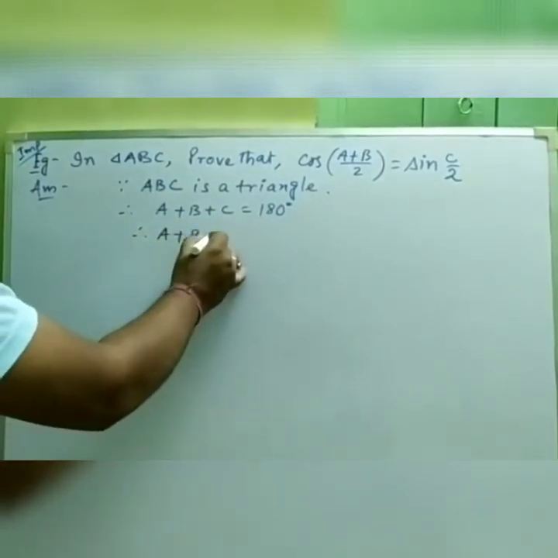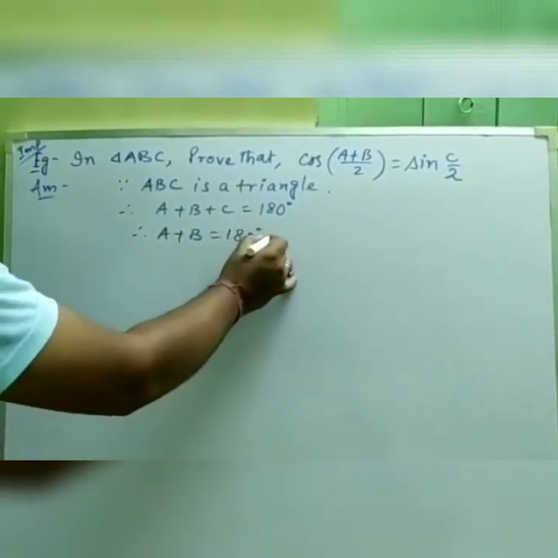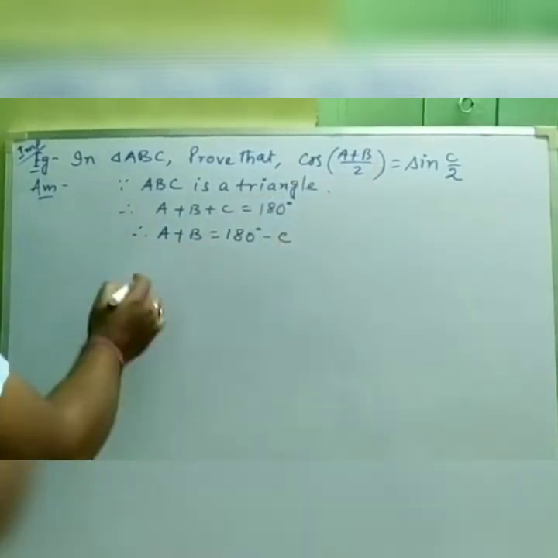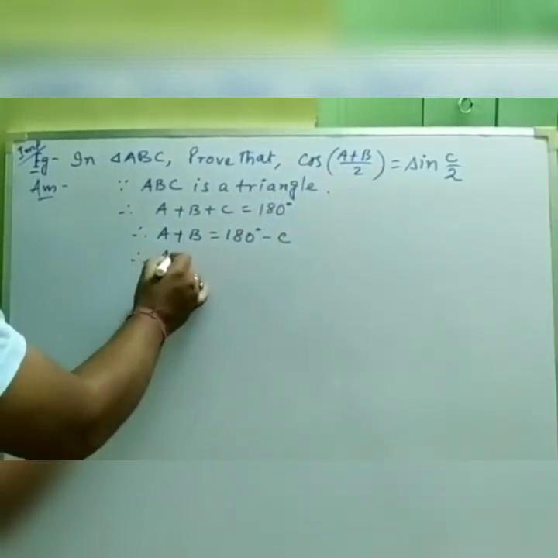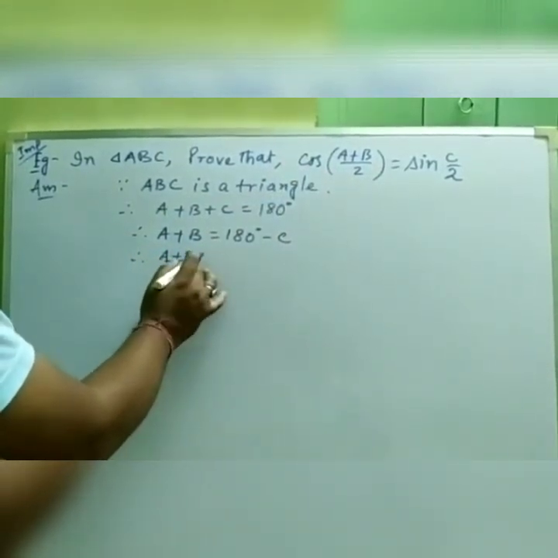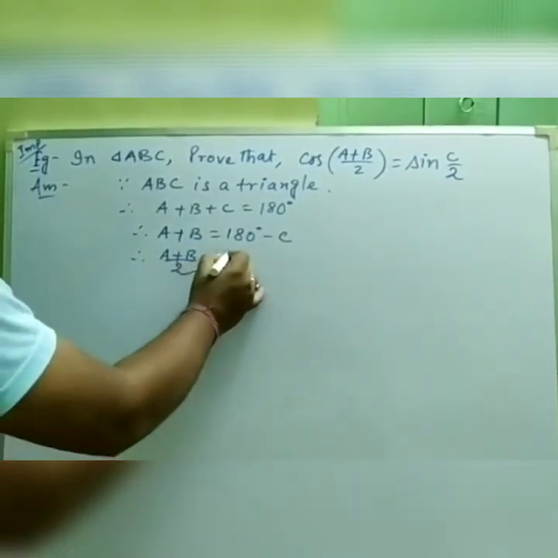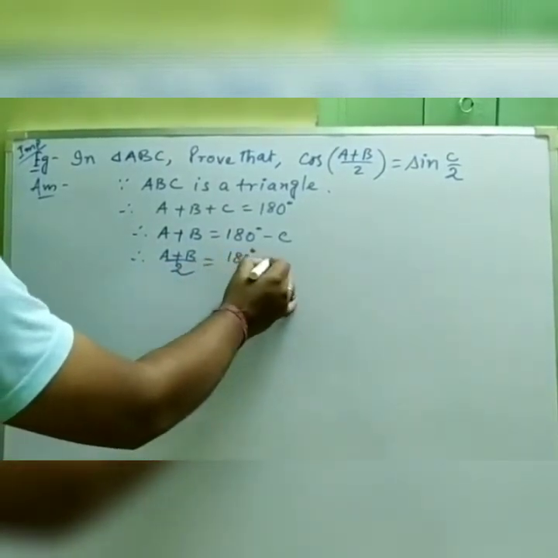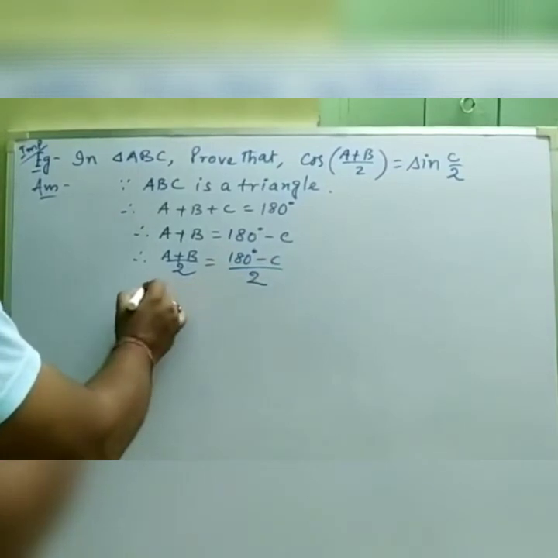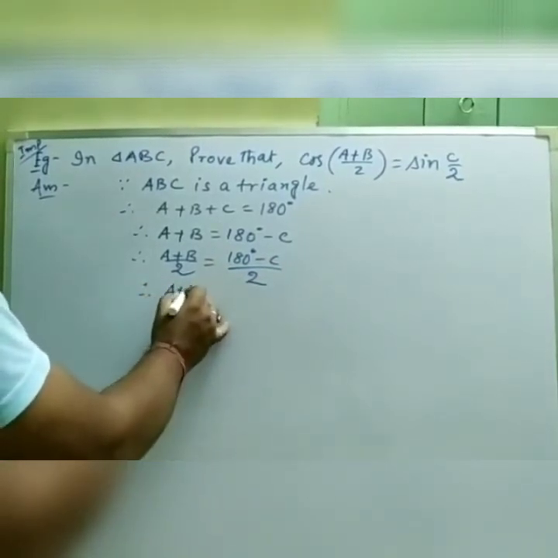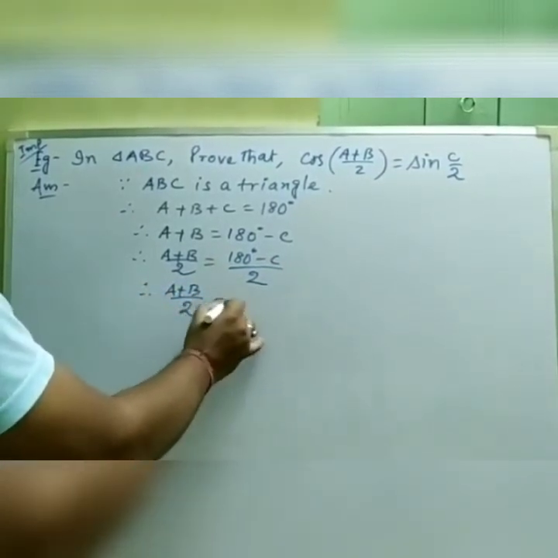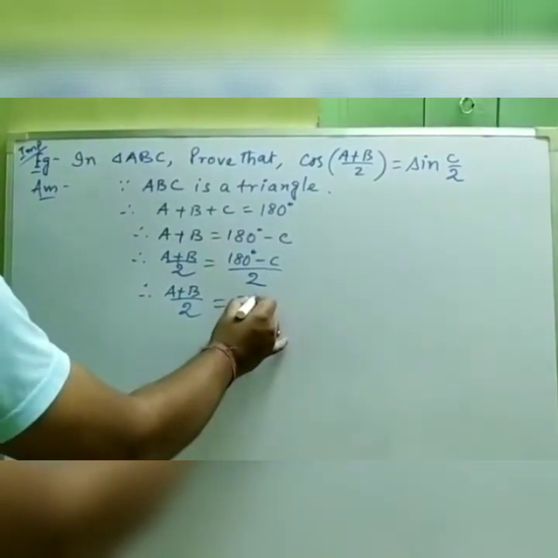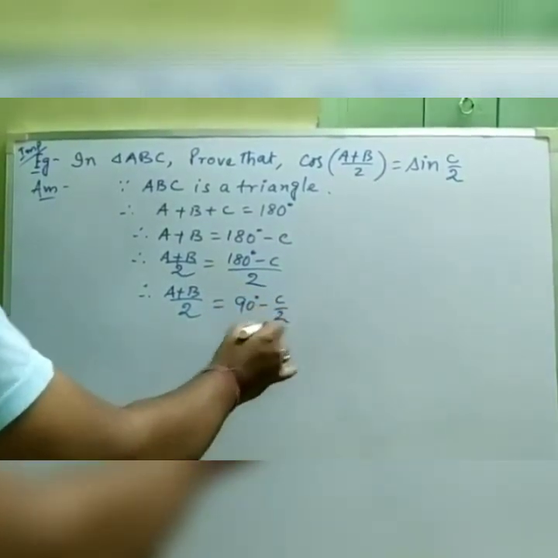A plus B equals 180 degrees minus C. Now it is A plus B by 2, so we will divide both sides by 2. So that 180 degrees minus C by 2. So that A plus B by 2 equals 90 degrees minus C by 2.